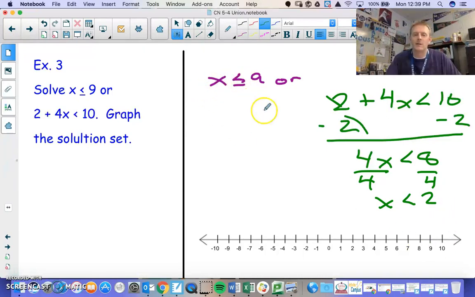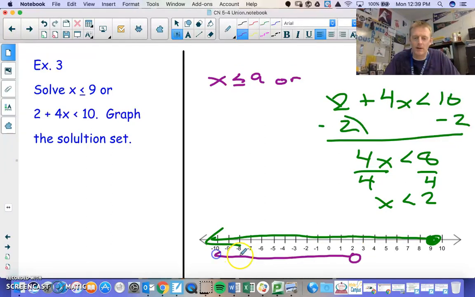So x is less than or equal to 9 has a closed circle at 9 going to the left. X is less than 2 has an open circle at 2 going to the left. And because this green line covers up my purple line, I don't need to have this one, just like we did in the last one.